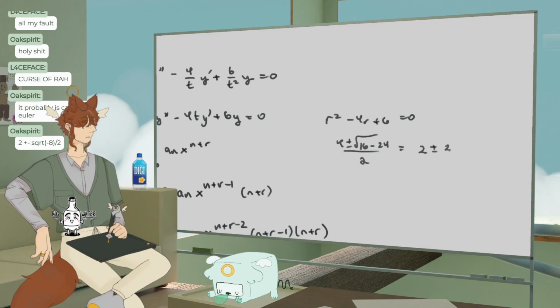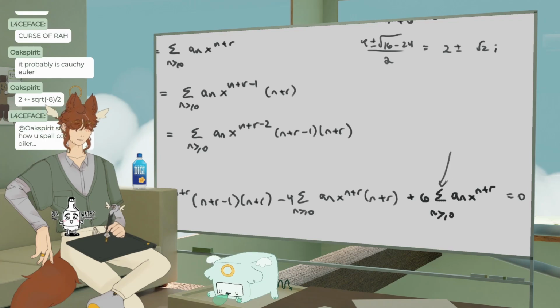So we're at 2 plus or minus root 2 i. Okay, so then, oh, this is so easy then. You don't even have to do all this. I mean, this still gives you the same.